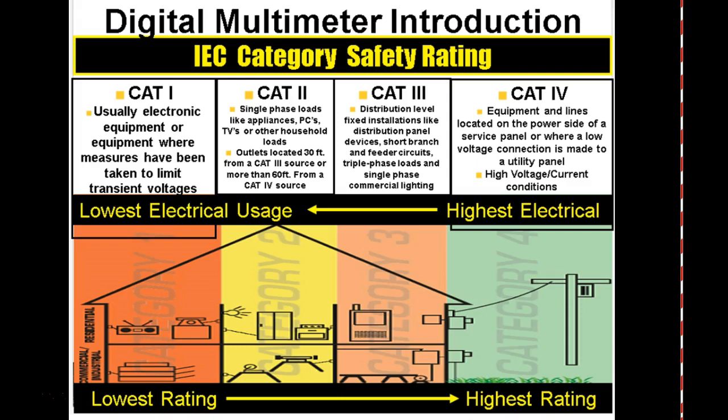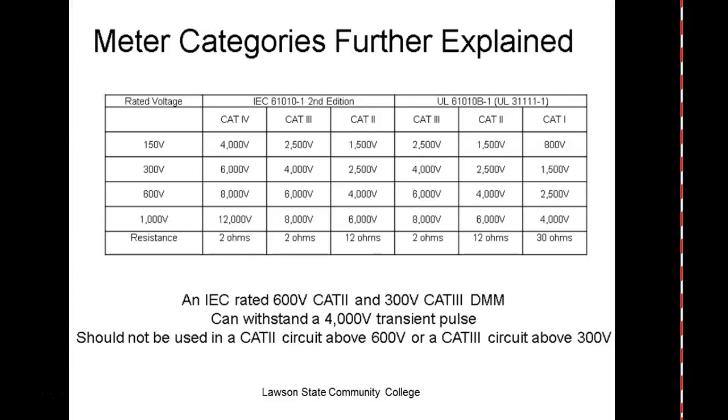That makes sense? Okay. And these are the actual ratings right here. These are the surge ratings. So people think a Cat 3 meter rated at 8,000 volts is as good as a Cat 4 meter. So they say a Cat 2 meter rated at 6,000 volts is as good as a Cat 4 meter rated at 6,000.